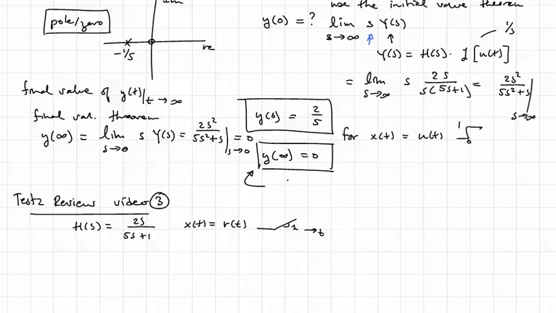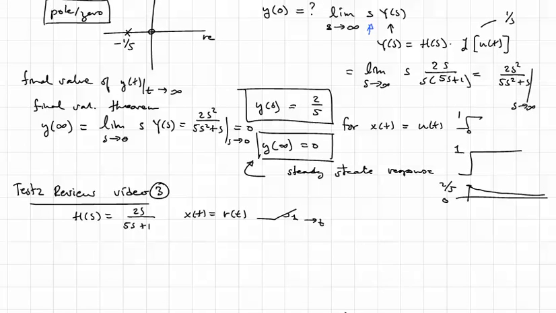If you're asked what is the steady state response of the system, then in this case what we really have is the input goes up like this and the output starts from 2/5 and eventually goes down to 0. So the steady state response is actually 0.